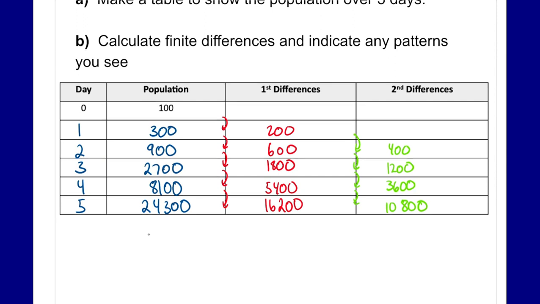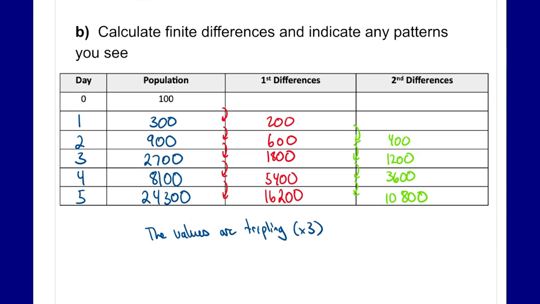The values are always being multiplied by 3 every time we go up. If we see that constant multiplier, that's usually an indicator of it being an exponential relation.